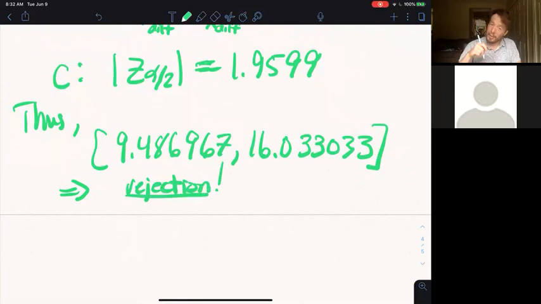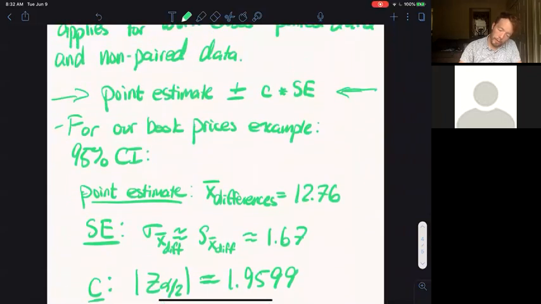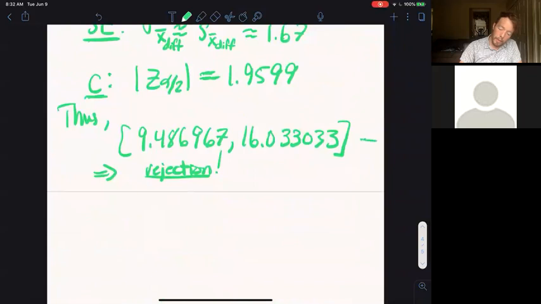We rejected, and it looks like, as always, our confidence interval aligns with what we said in the hypothesis test. So, what was the big idea here? We used the same formula for confidence interval. We got these three values, which we calculated in our last lecture, and we just put them together to make the confidence interval.